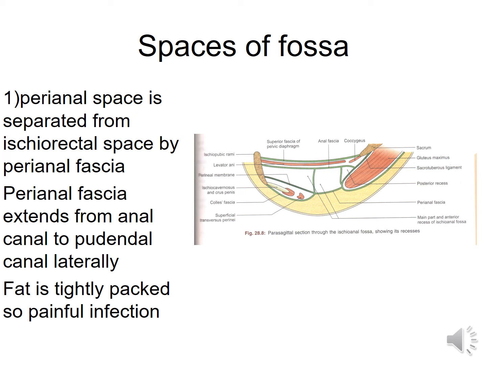It is important clinically because in this perianal space, the fat is tightly packed. So whenever there is any infection in this area, this infection will be very painful and it will be a non-yielding type of infection.